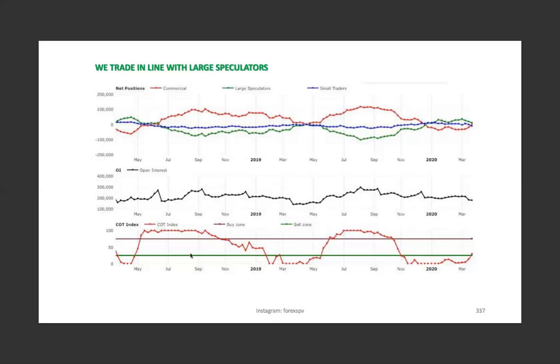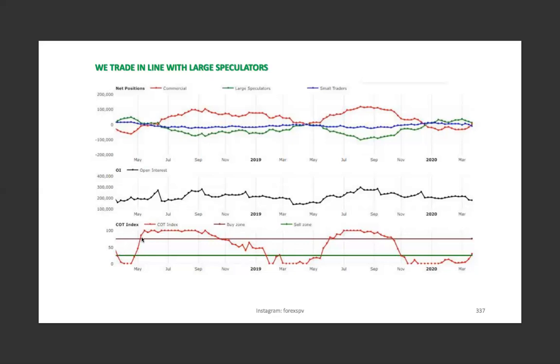From this, the open interest usually goes along with the commercials. You can see this is like a multi-year high, and then the open interest comes to a drop. We have the COT index here. The index is actually like RSI.